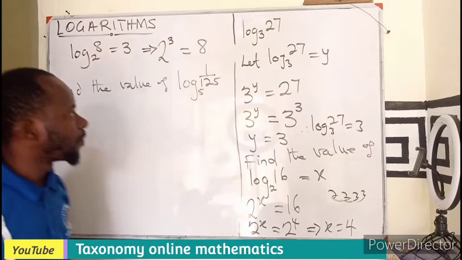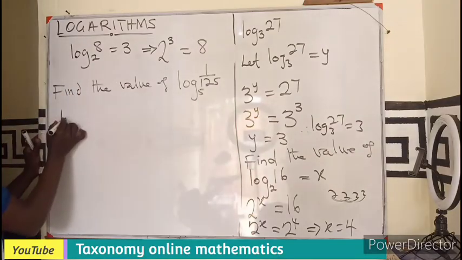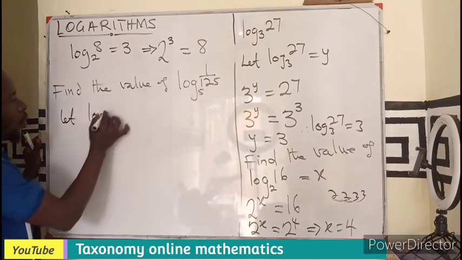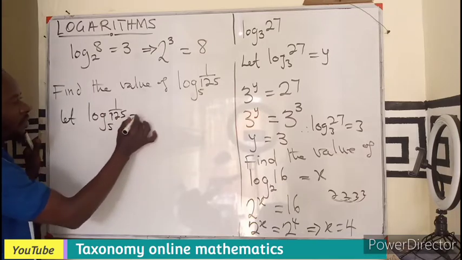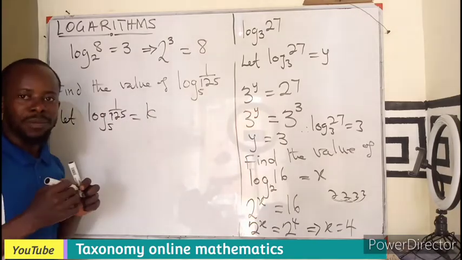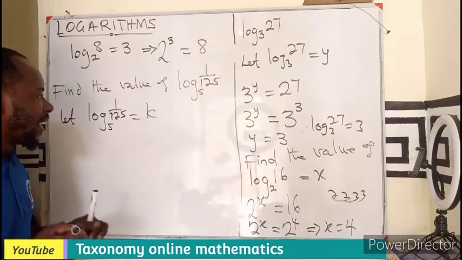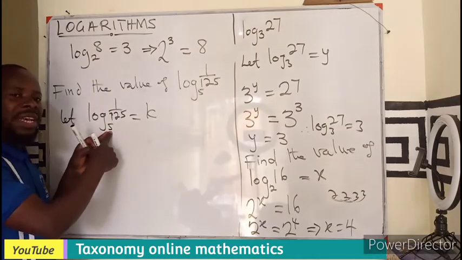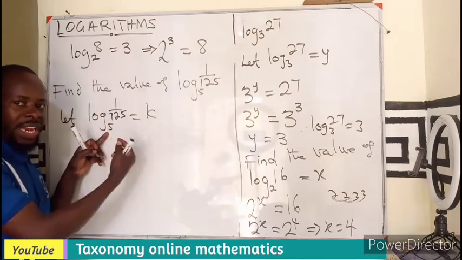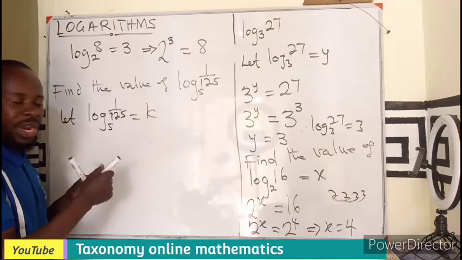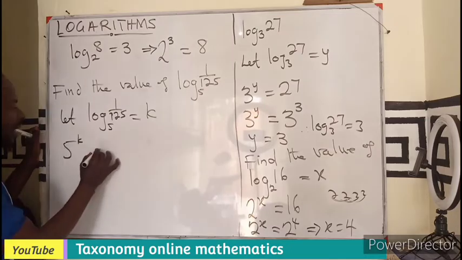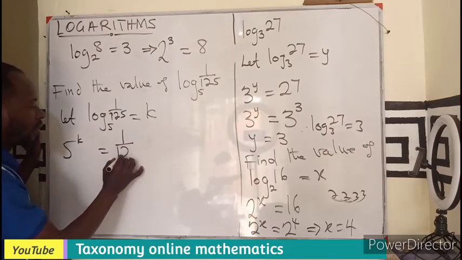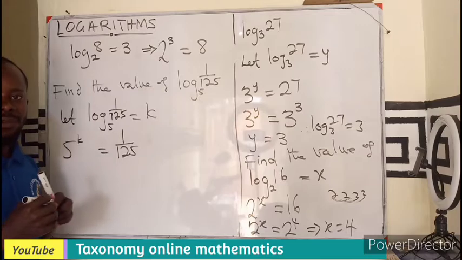How? Let's check. So here we let log 1 over 125 base 5 equal k. If that is the case, right away we know that 5 is the base of both the log and the indices, and k becomes the exponent. So we're going to have 5 exponent k equals 1 over 125.